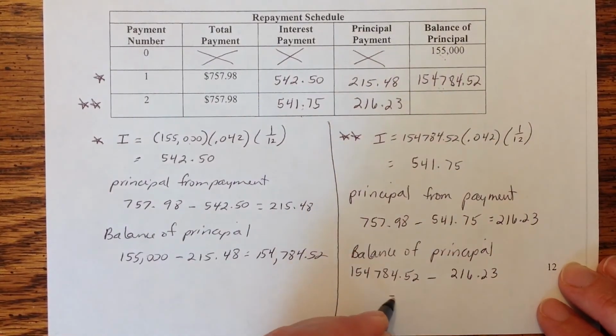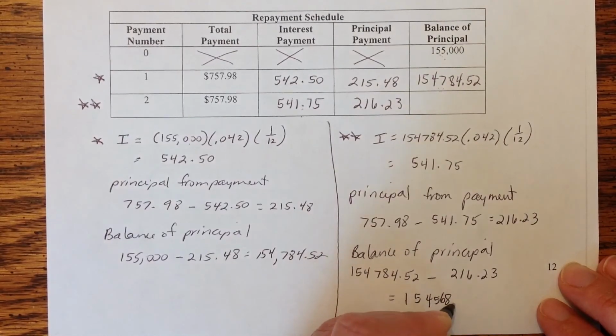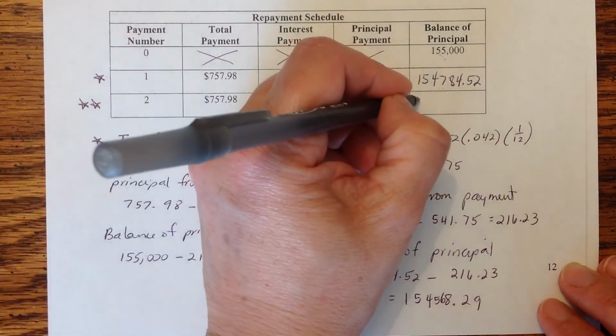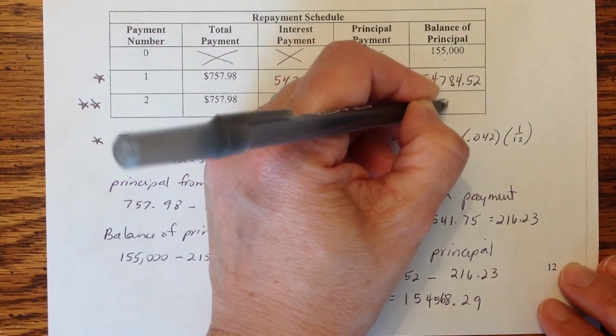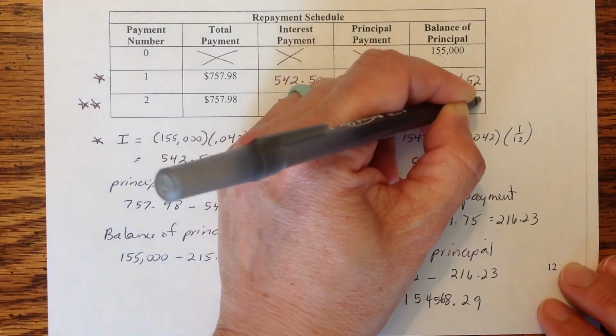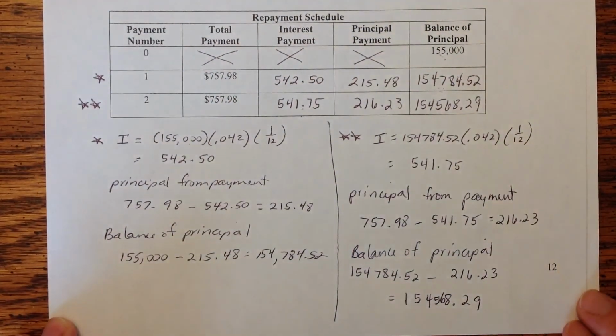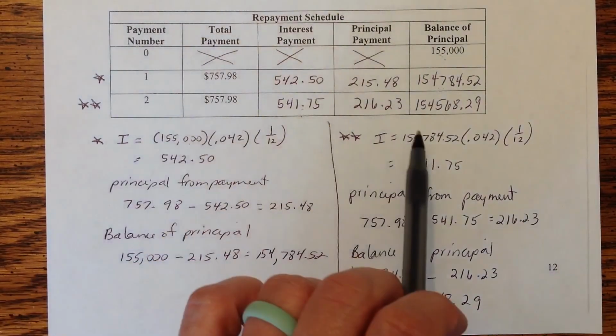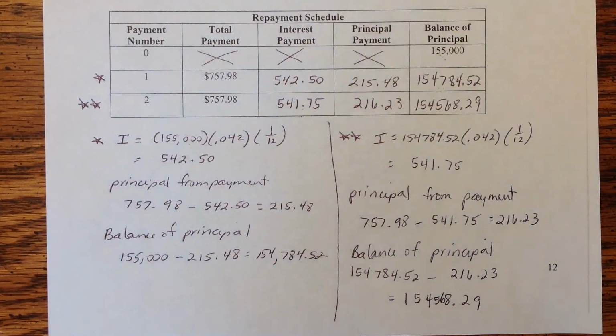And you get 154,568.29. If they wanted you to make a third row, you'd do the whole concept again.